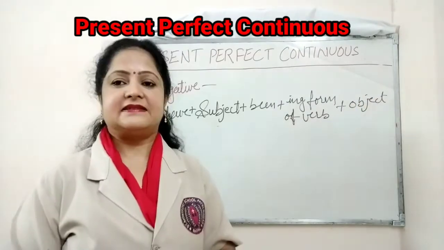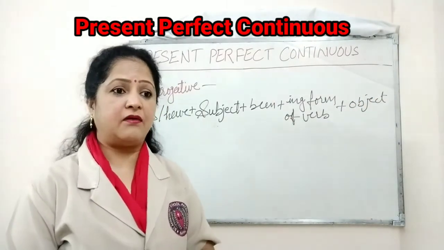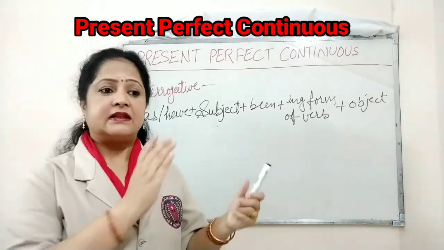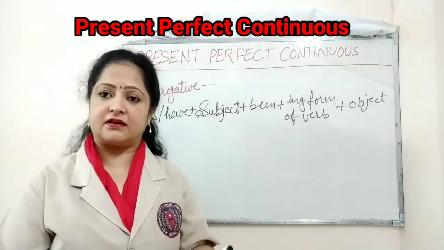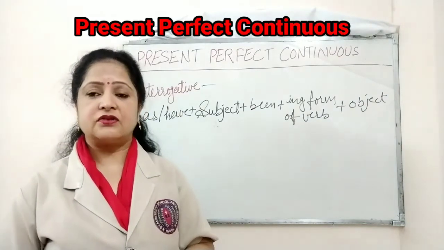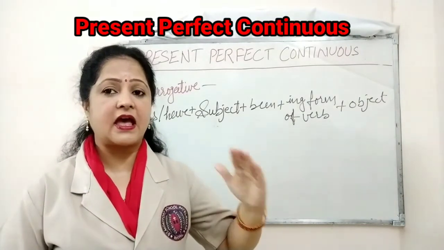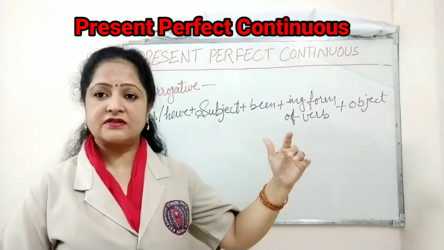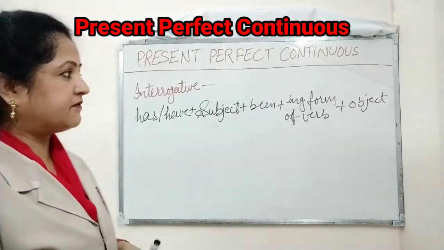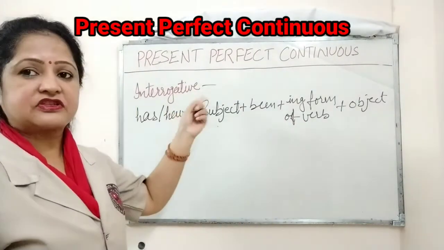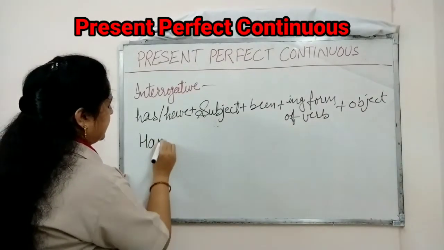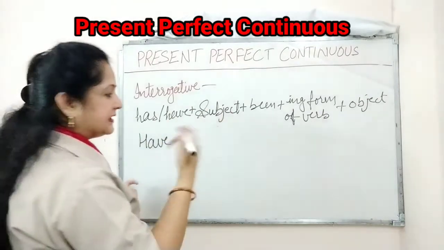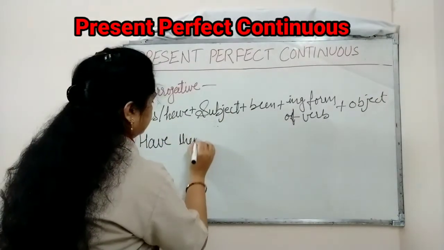Is it clear? So let's take the example now. The example I am taking: They have been attending the event every year from 1980. So what is the auxiliary verb here? Have. So when we have to make the interrogative sentence, first of all we write the auxiliary verb. Have, and then the subject. What is the subject? They. Have they.